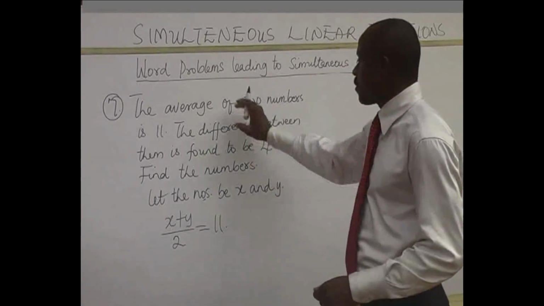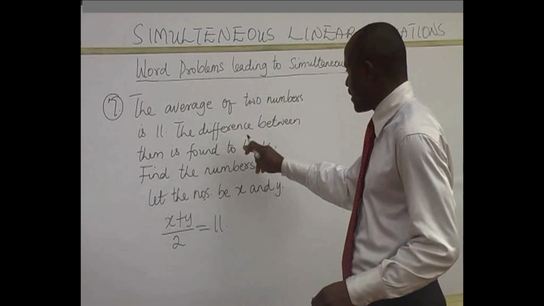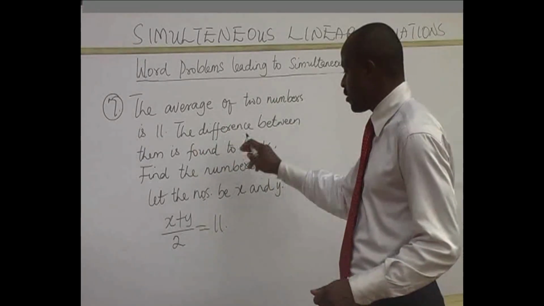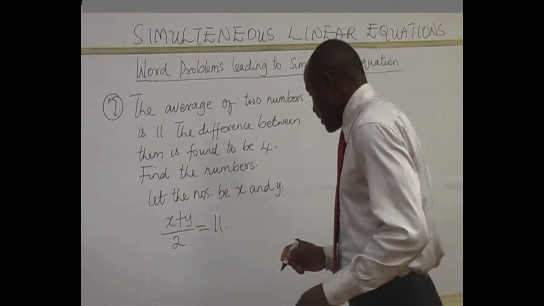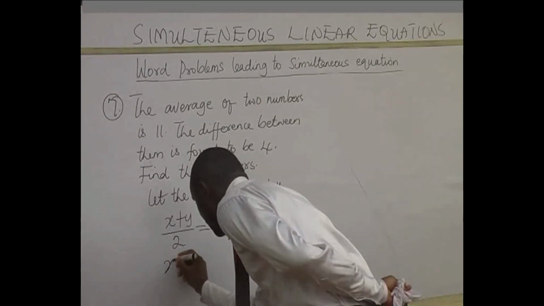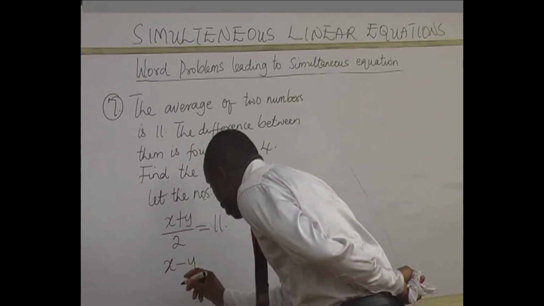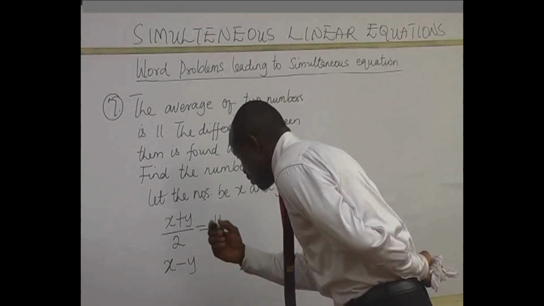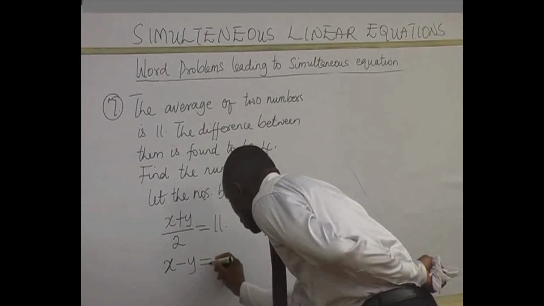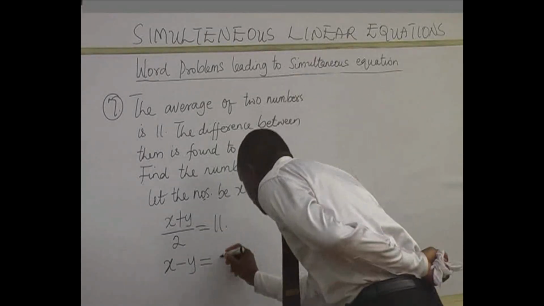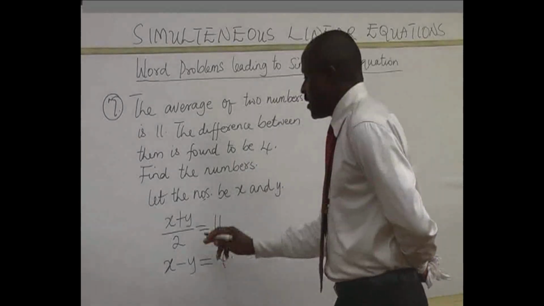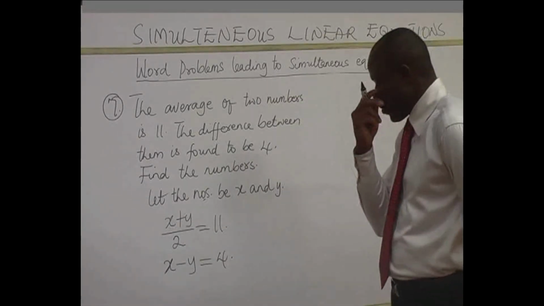That is the meaning of the first sentence. The second sentence says the difference between them is found to be 4. Difference means minus. That means x minus y, or y minus x. Whichever way you go, you get the same answer. Is equal to 4. These are two of your simultaneous equations.